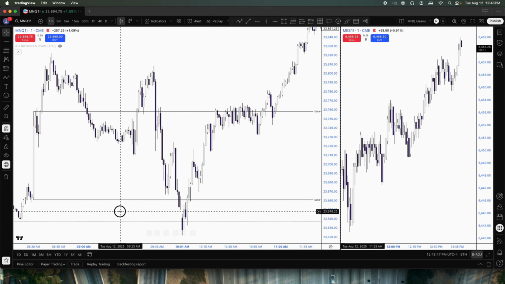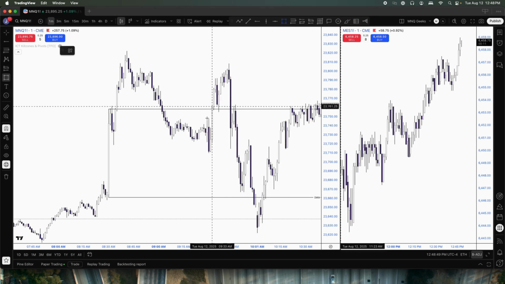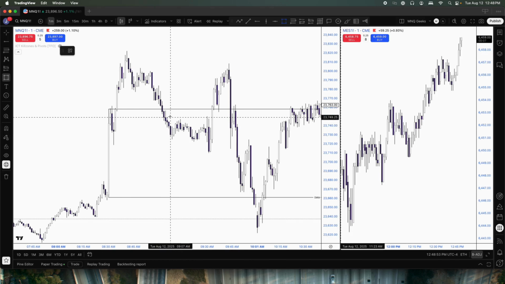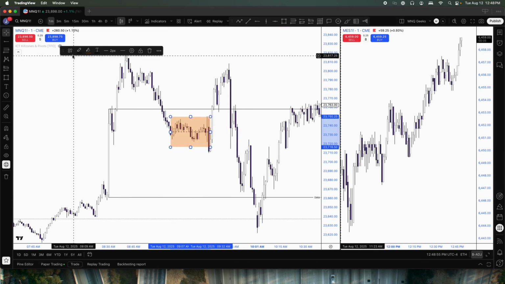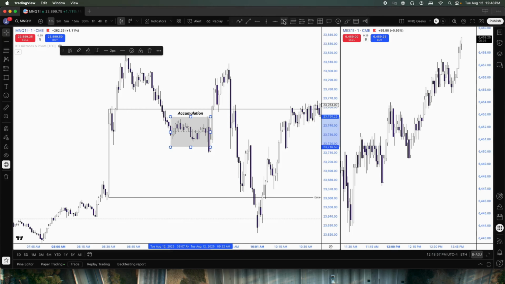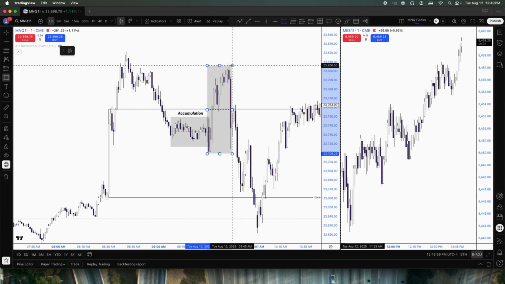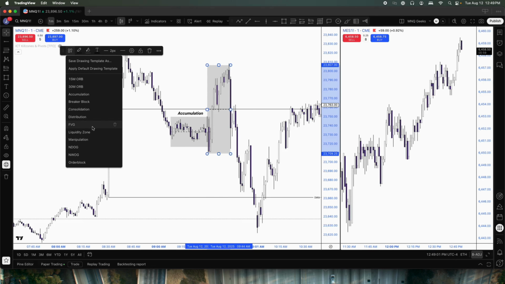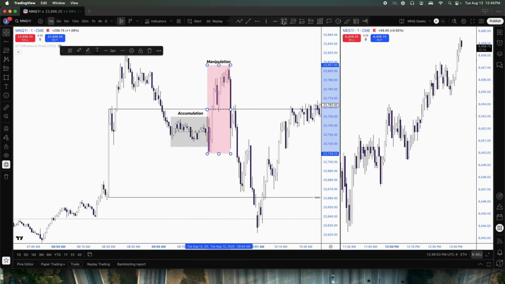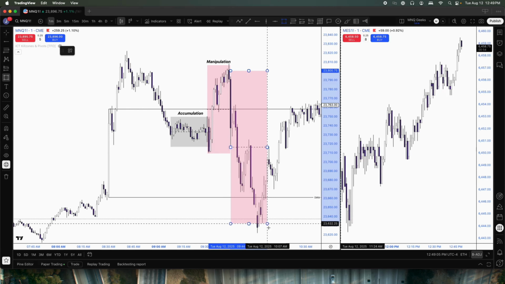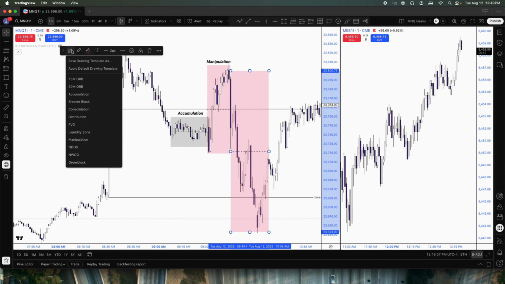And if you look closely on the 1 minute time frame, what do you see here? We see a classic ICT power of 3. We have an accumulation phase. We have a manipulation phase to the upside. And what comes after manipulation? Distribution in the opposite direction.